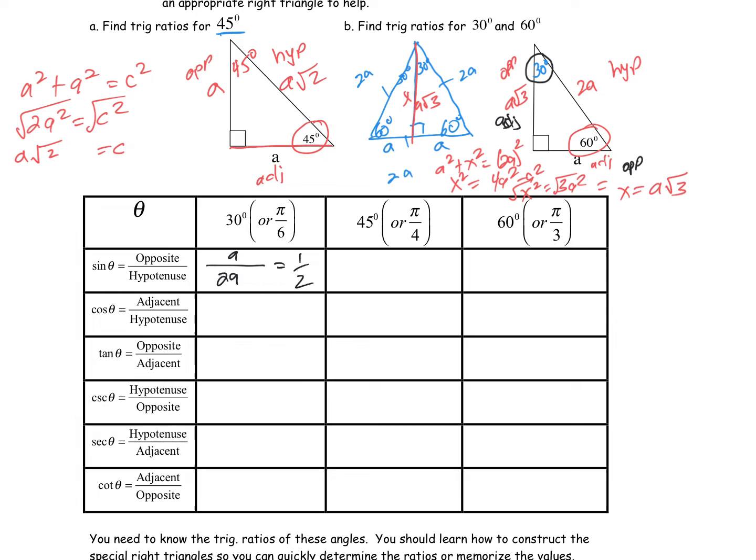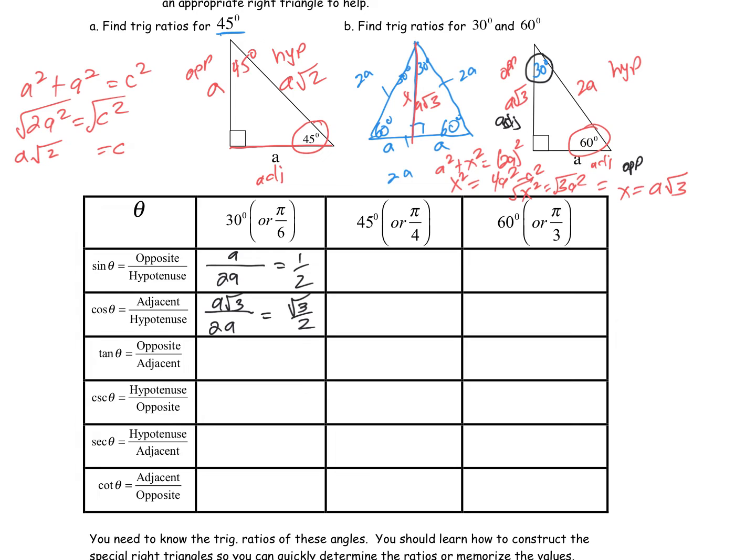Then we're going to do the cosine of 30. That's going to be the length of the adjacent side, adjacent to the 30, A rad 3, over the hypotenuse, which is 2A. So this is A rad 3 over 2A. The A's cancel out, leaving us with rad 3 over 2.